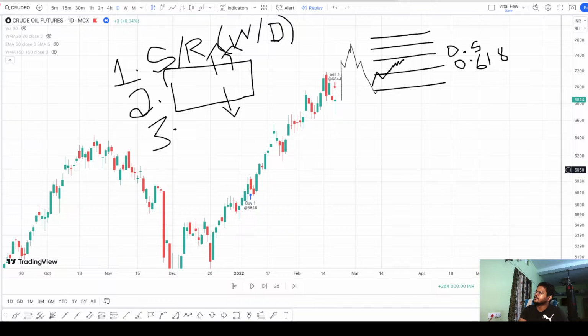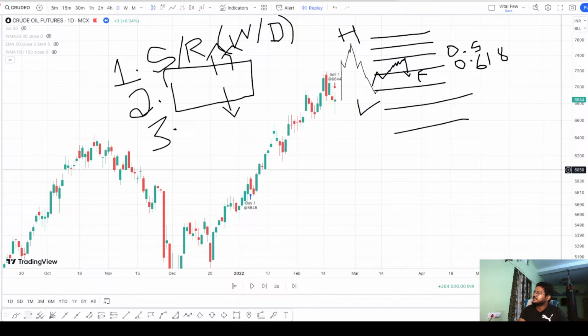This is the high, this is the low, and as soon as the price hits this level and gives a big red candle, you can make an entry just after the break of the 0.618 level.